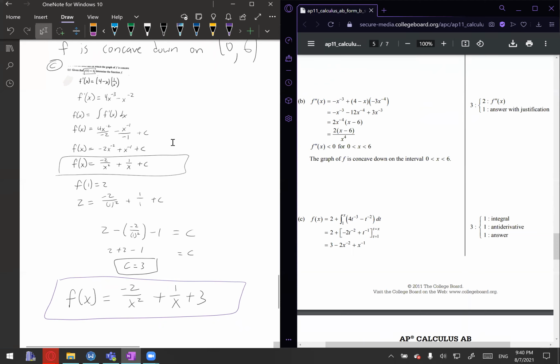I integrated indefinitely and then solved for C. They integrated definitely around that point. That's okay though. So we get 1 point for integrating, 1 point for the antiderivative, that's actually the solution of your integral indefinitely. Then 1 point for your answer after the definite. So we should still get full credit for that too. And that should be good.